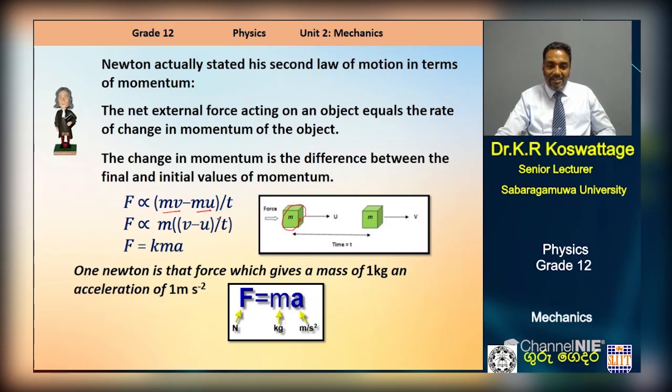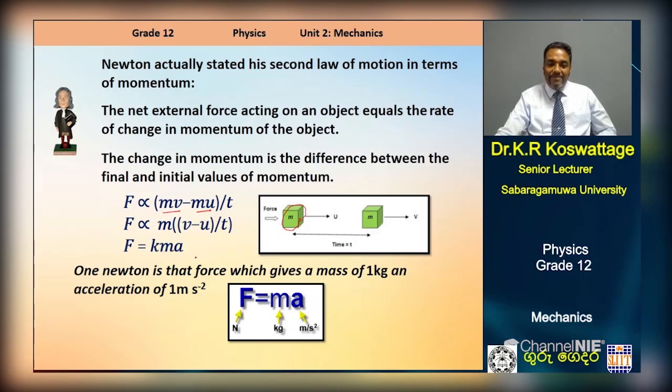So this component is proportional to the unbalanced force. The unbalanced force is proportional to m(v minus u) divided by t, and then we can put a constant to equal the proportional factors. So then F equals kma.